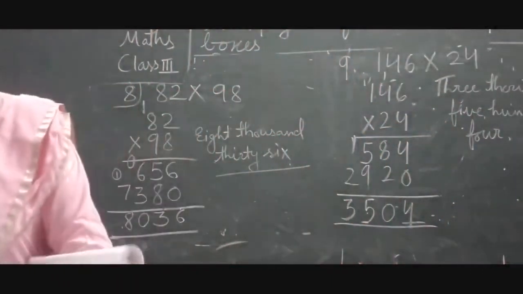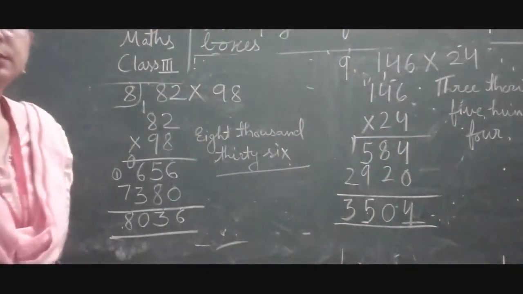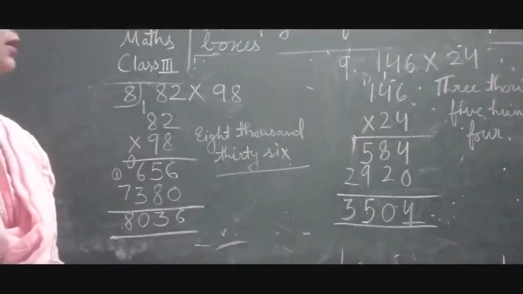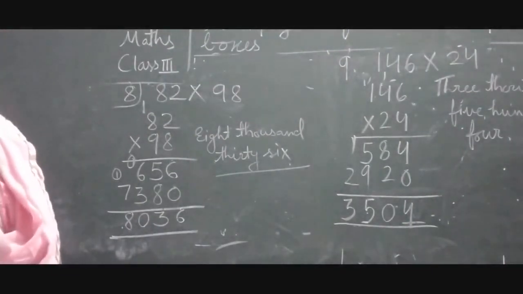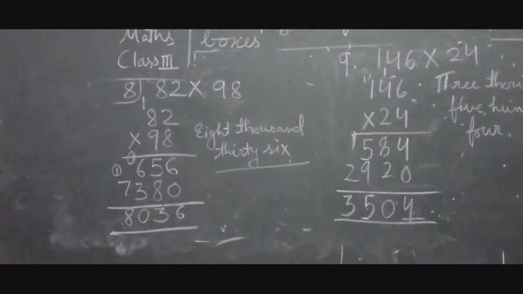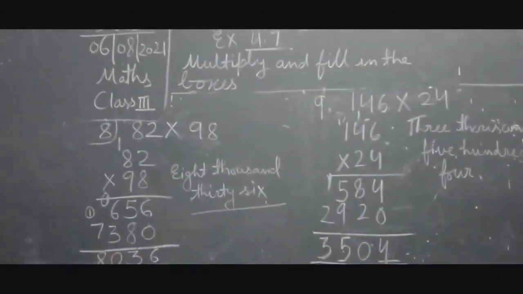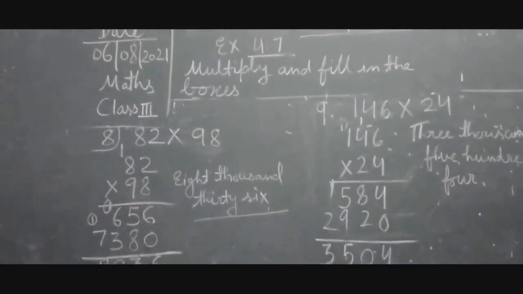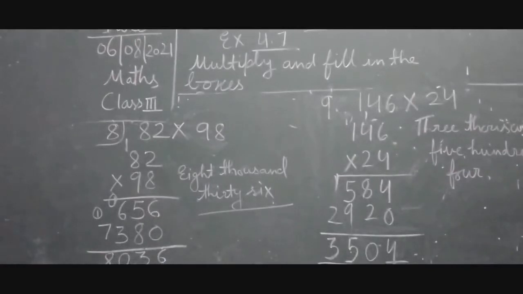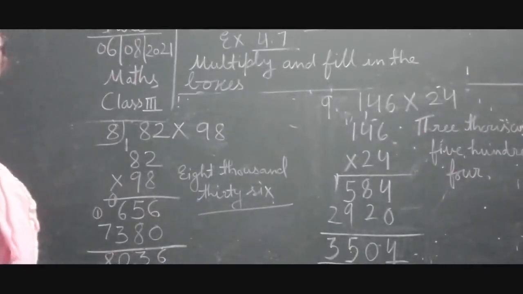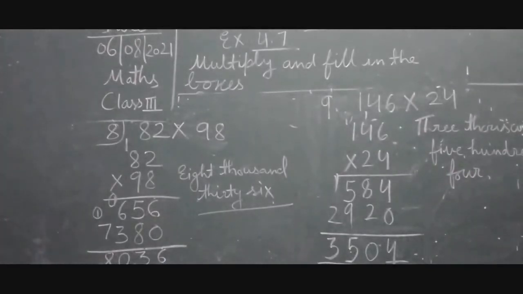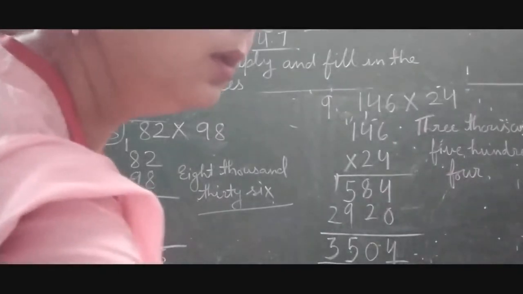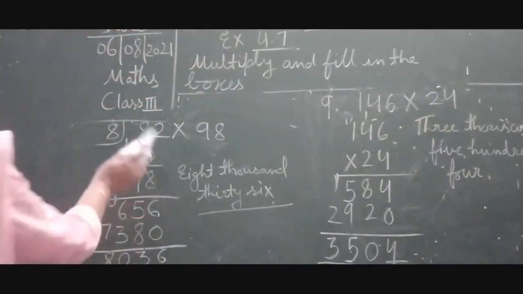Okay, this we have done. Number 9 we have completed. 3504 children we have done. Now we are moving to do number 10. Okay, number 10 we will do.